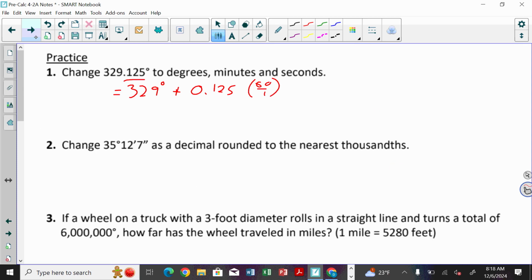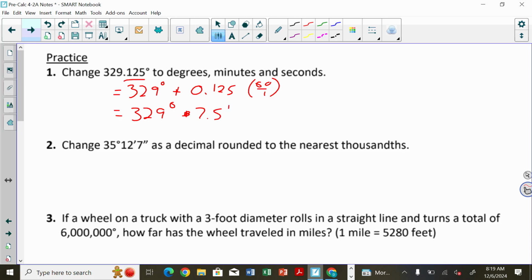So doing that, I'm going to leave that 329 alone because we already have that as the degrees. And when I multiply 0.0125 times 60, I'm going to get 0.75, so that would be 7.5 minutes.